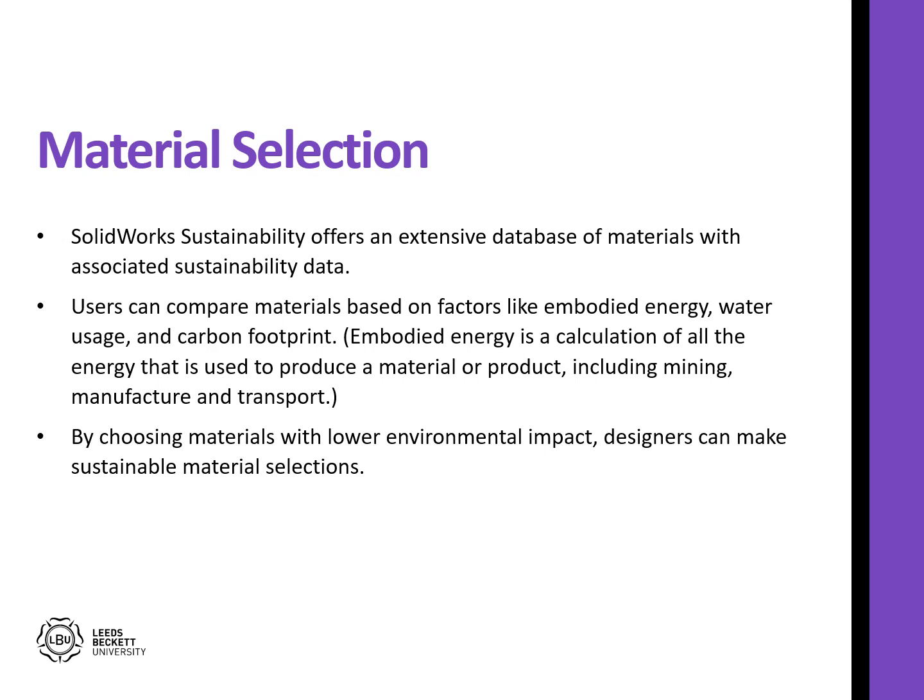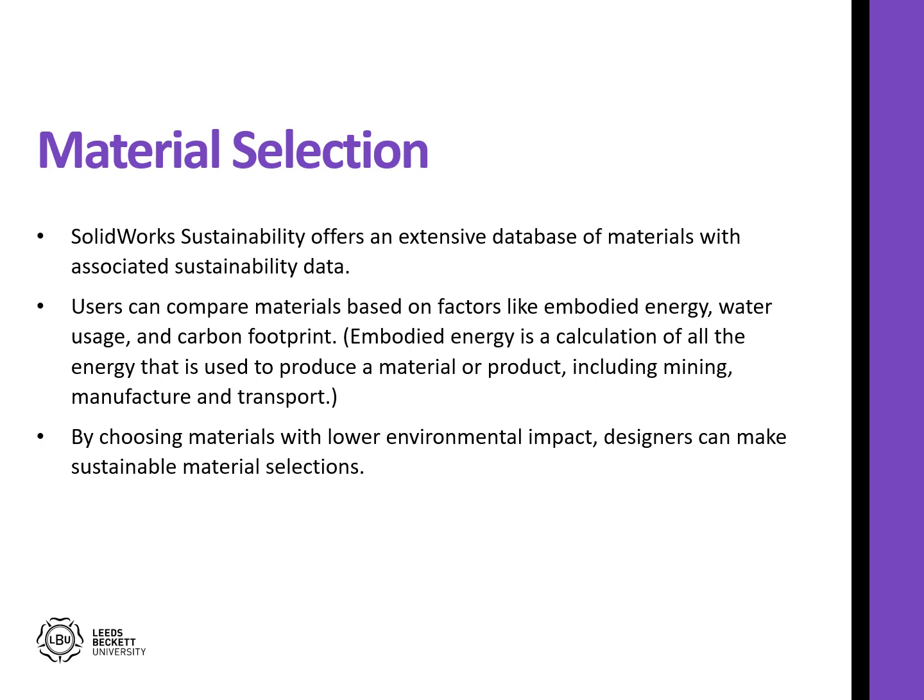So, material selection. SolidWorks Sustainability offers an extensive database of materials within the associated sustainability database. So it's got this database of properties of materials, but not just material properties, costs and environmental information as well.